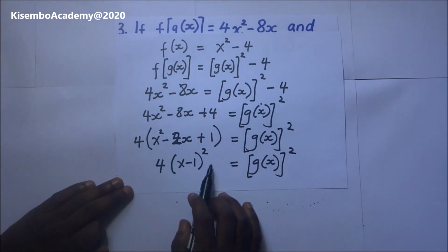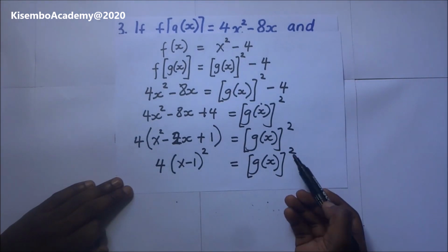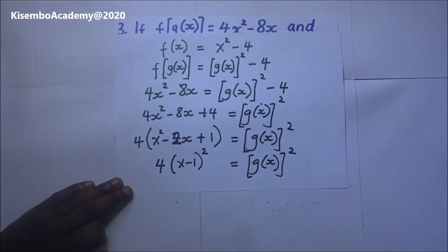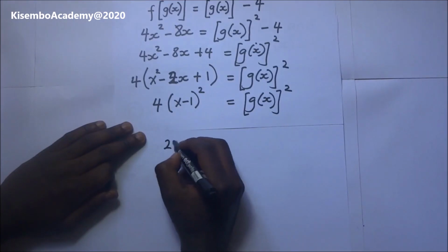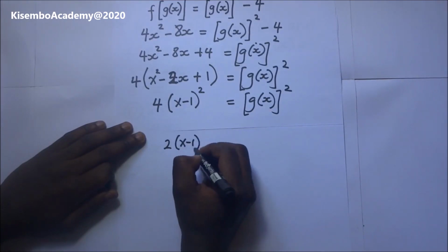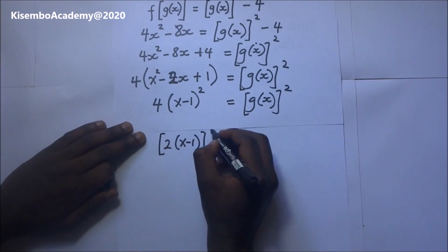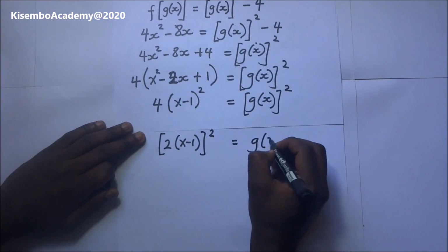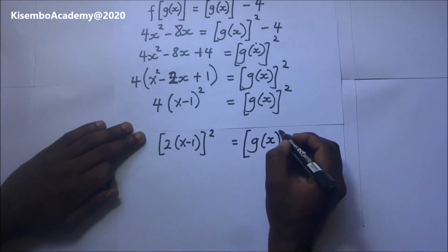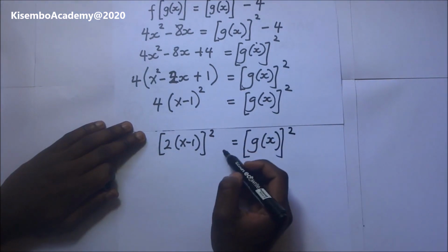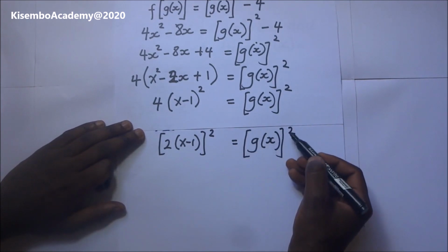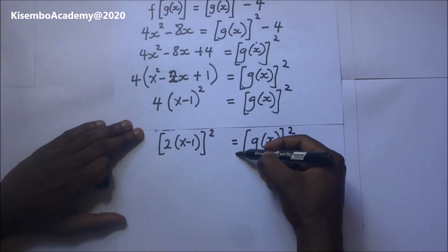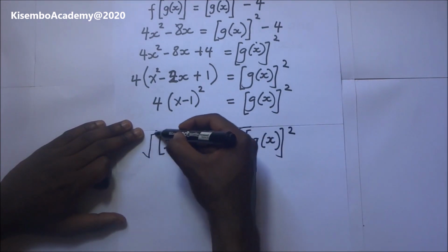So definitely, to make this whole thing squared, because we want to eliminate this square, we do it this way. This is going to become 2 into x minus 1. This whole thing becomes squared. This becomes g of x. This whole thing is also squared. So definitely, for us to get rid of this square sign, we find the square root on both sides.